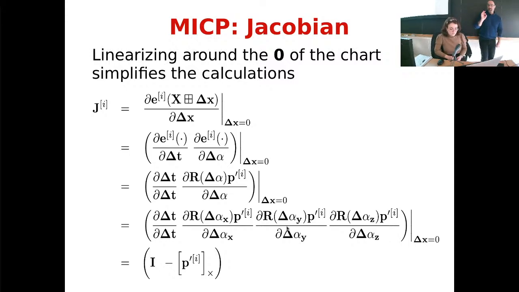Observe what R means. R is a rotation matrix of a perturbation. The perturbation is evaluated in 0. R is the multiplication of three matrices, Rx, Ry, Rz. Now, if I'm differentiating with respect to x, this means that I'm calculating the derivative of the rotation matrix in x and multiplying by two identities.